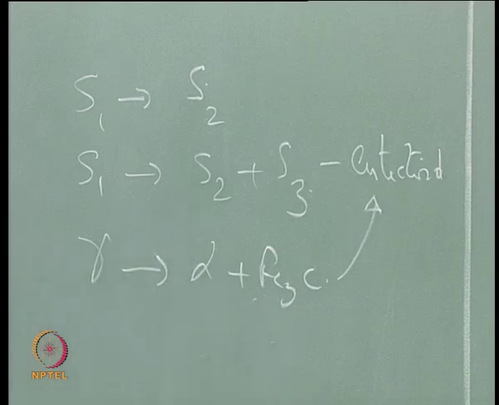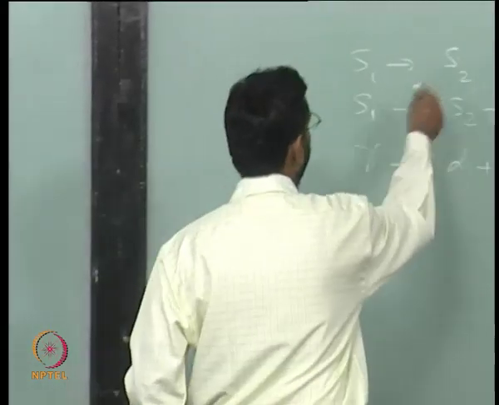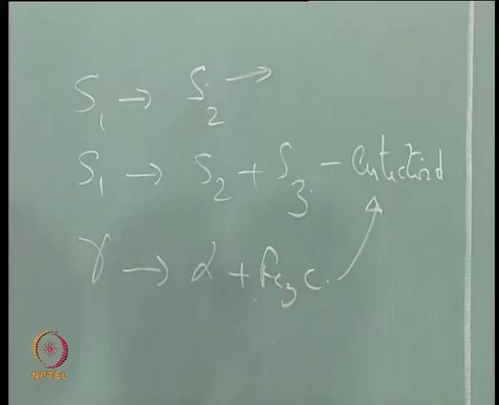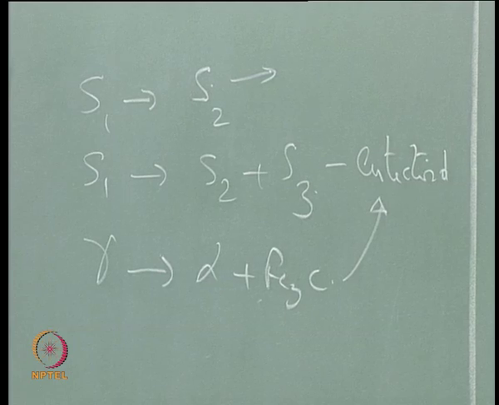Any other solid state transformations that you know? Solid state, where something in the solid state gives you something else in the solid state. Anybody else? Alpha to gamma, gamma to delta. This is something like this. Okay. What do you call them? There is a name given to such transformation.